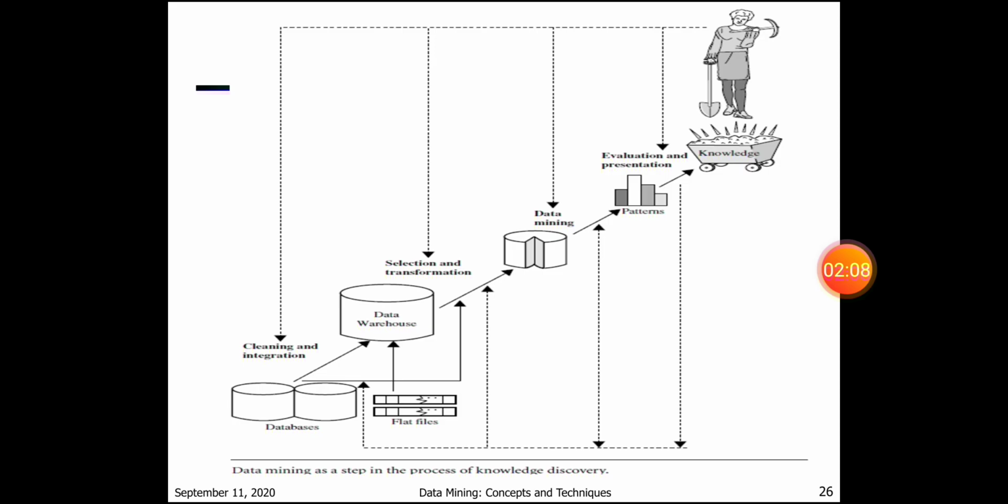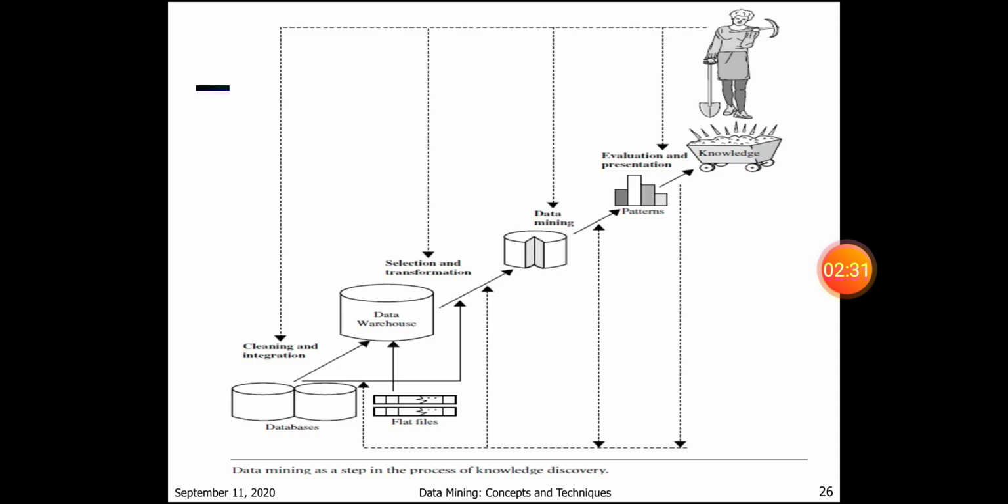The data warehouse data can be mined. Before going for mining, we have to select which data is going to be mined. By using some selection and transformation tools, we select the data from the data warehouse to be mined, and it can undergo the data mining process.